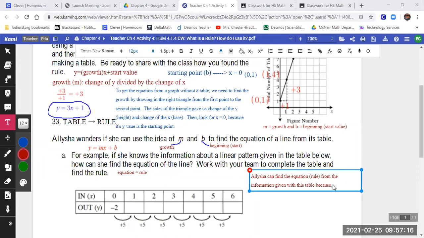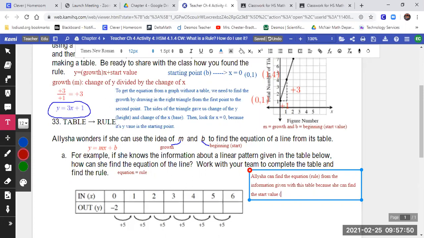Because she can find the start value, and for this situation, what's the start value going to be? What is the start value going to be? You said it's there. Yeah.